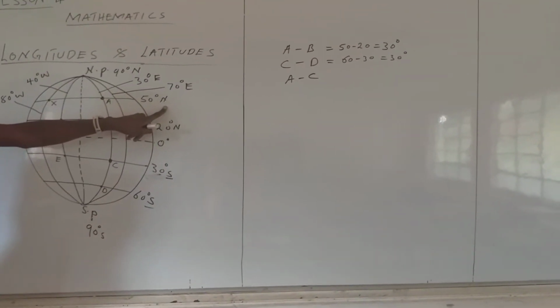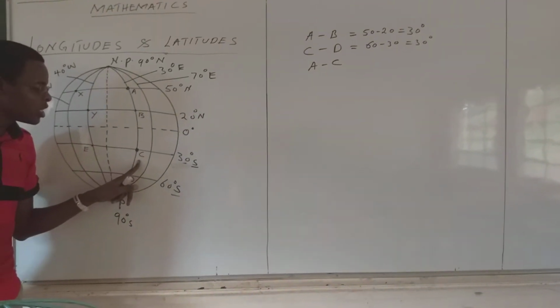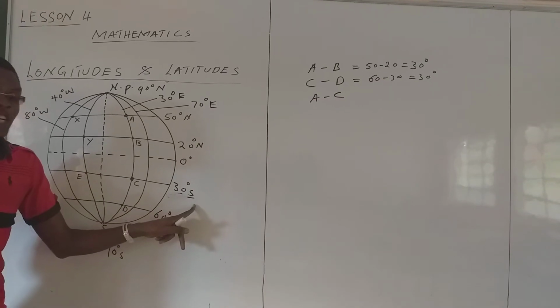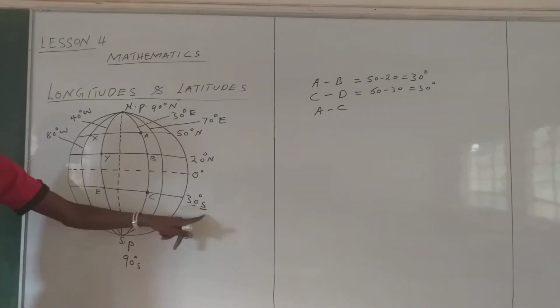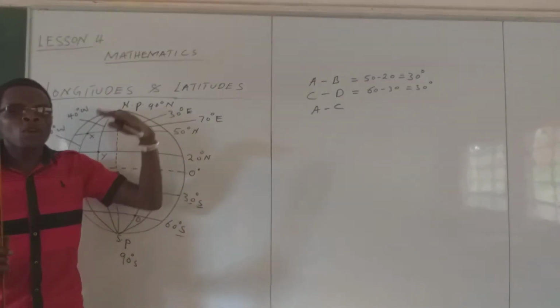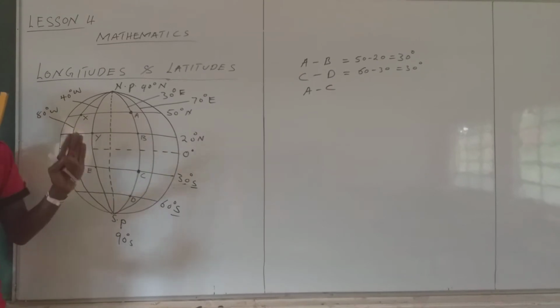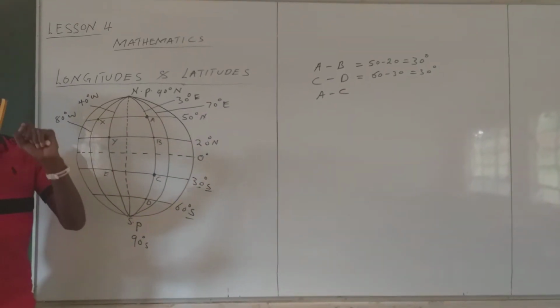And point C is on 30 degrees south. So this one is north and this one is south. So when they lie on different sides, either one north and the other south, or one west and the other east, we have to find the degree difference.